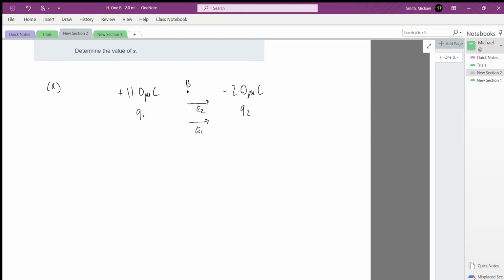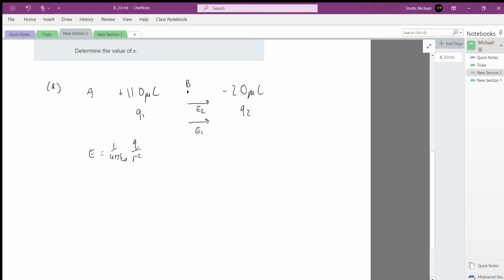So that's fairly easy. Over here at point A, that's where things are a little bit more difficult. So here we need to think about charge Q1 and Q2, comparing them to each other to see which one's going to have the greater effect. So here we know from our electric field formula that E is 1 on 4 pi epsilon naught Q on R squared.